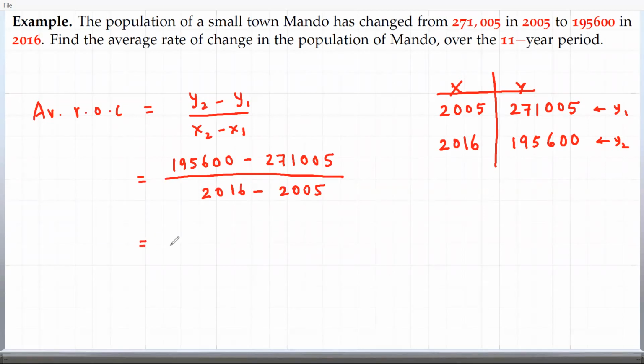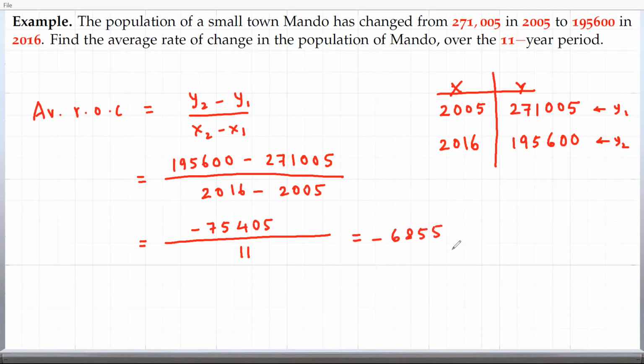So when we use our calculator, on the top we get negative 75,405. And in the denominator, 2016 minus 2005 is 11. When we divide this, we get negative 6,855.